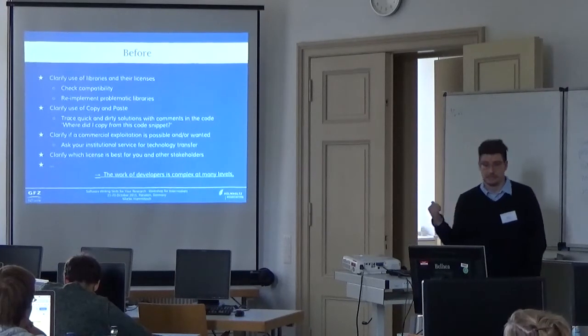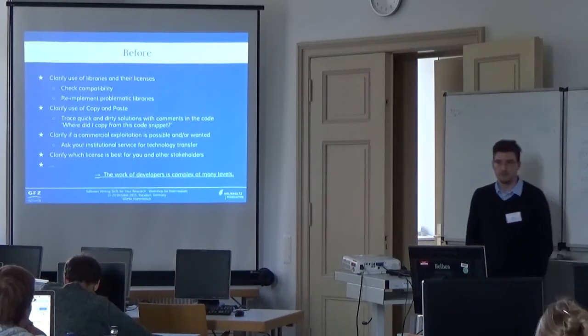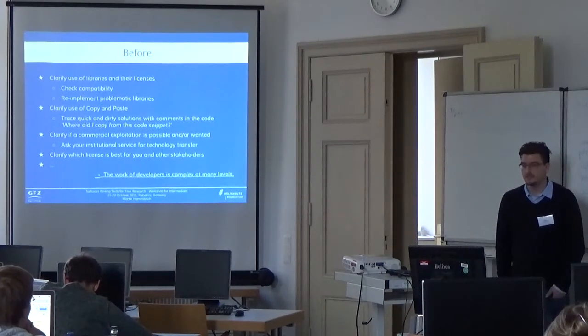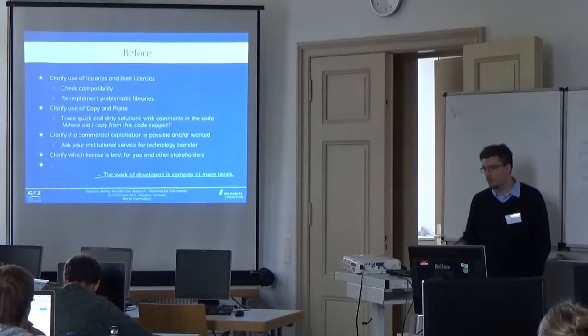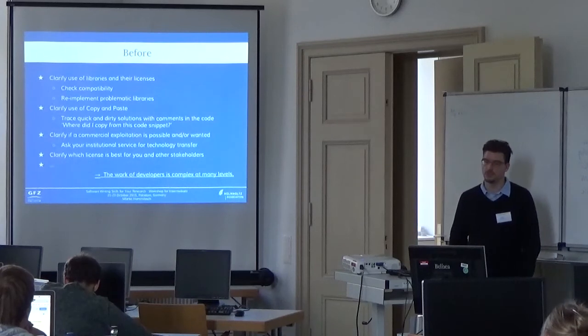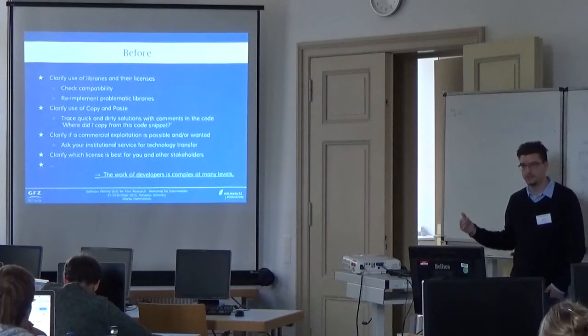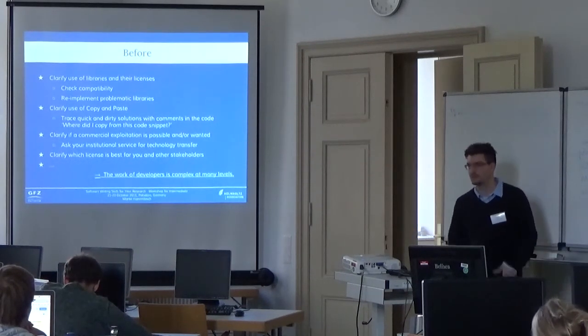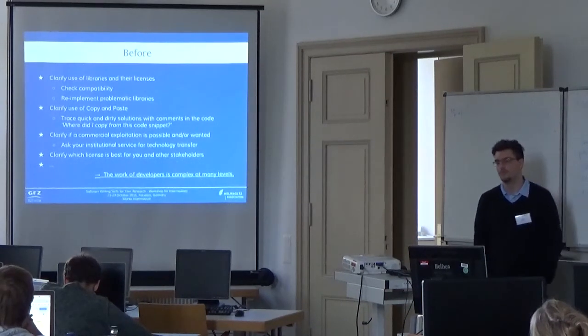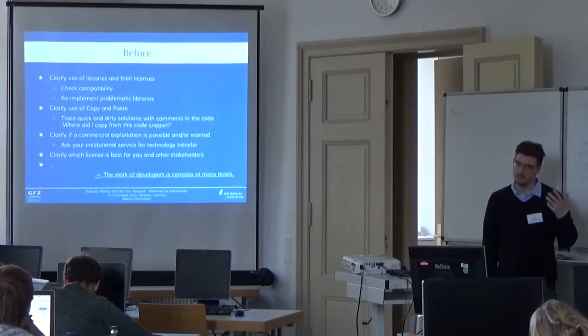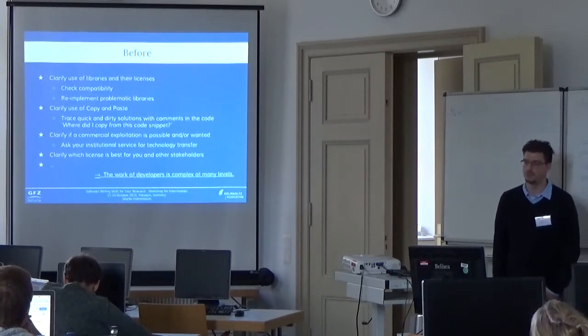So, to summarize, the work of developers is complex at many levels, but in the beginning, when you start writing code, it's just important to know that at a certain stage, maybe after half a year, or 2 or 3 years, when the software grows and other people are interested in it, then you have to start to think about what license this could be.